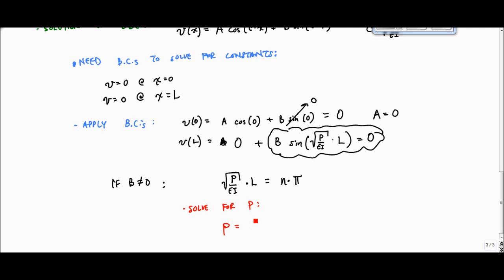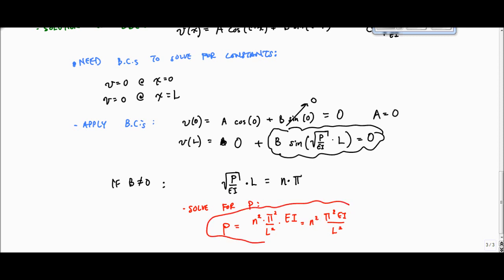Like pi over L squared, n squared pi squared over L squared times EI. Does that look okay? So this is pi squared EI over L squared times n squared right here. Wow.